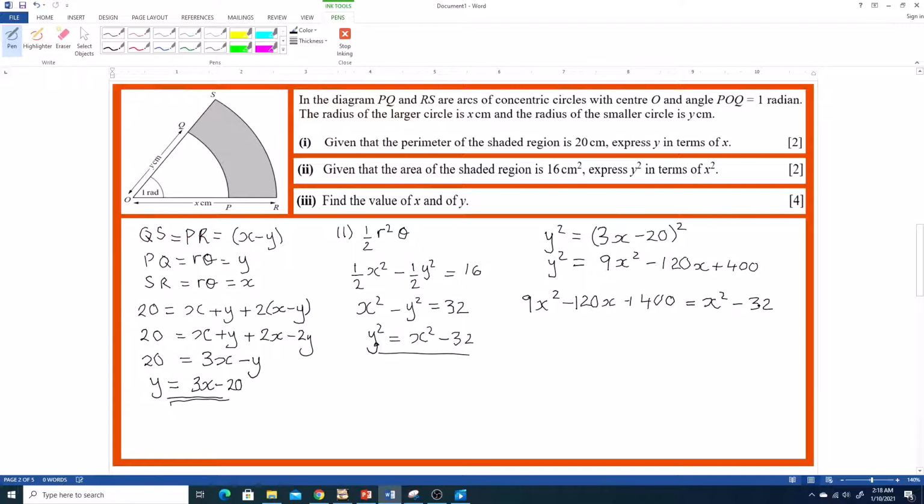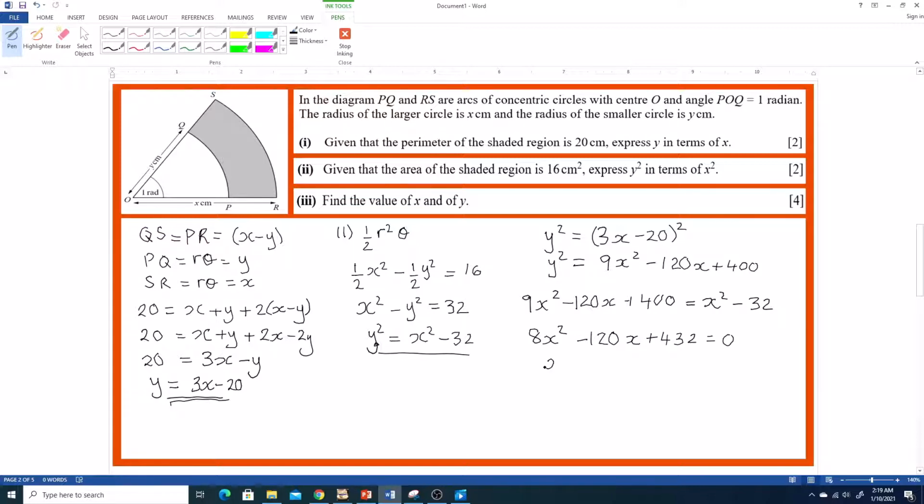Now I'll move everything to one side so I have a quadratic equation that I can solve. And when I do that, I'm going to have it as 8x squared minus 120x plus 432 is equal to 0. Now when I look at that, I can see that I can divide everything by 8.